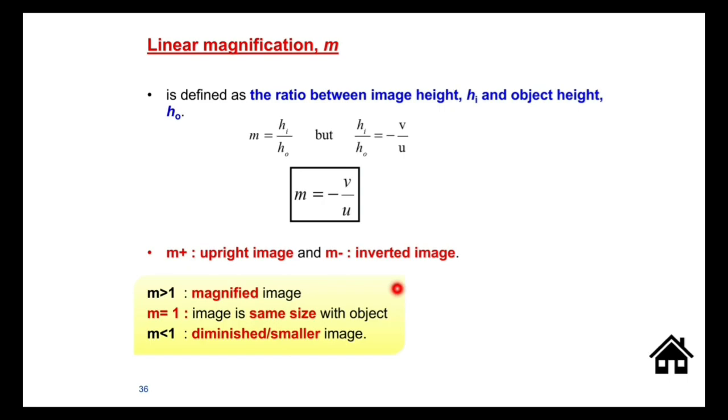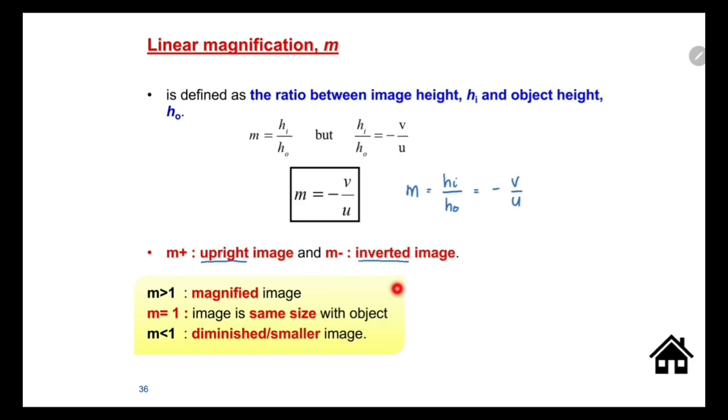Therefore, you can write magnification m = h_i / h_o = -v/u. Magnification also has sign convention. If you get positive m, it shows that the image is upright. However, if you get negative m, the image is inverted.